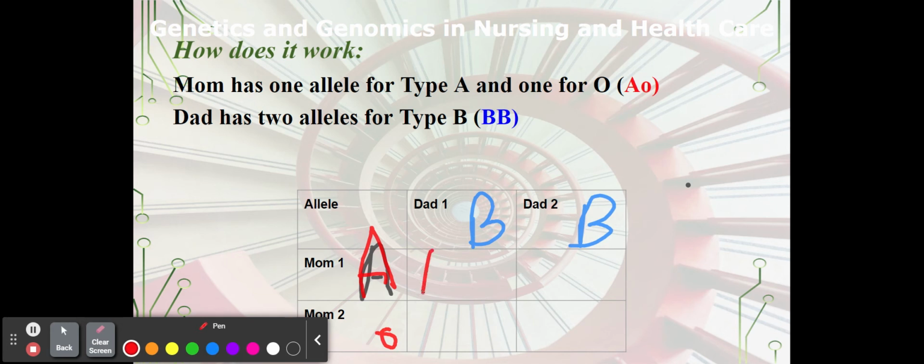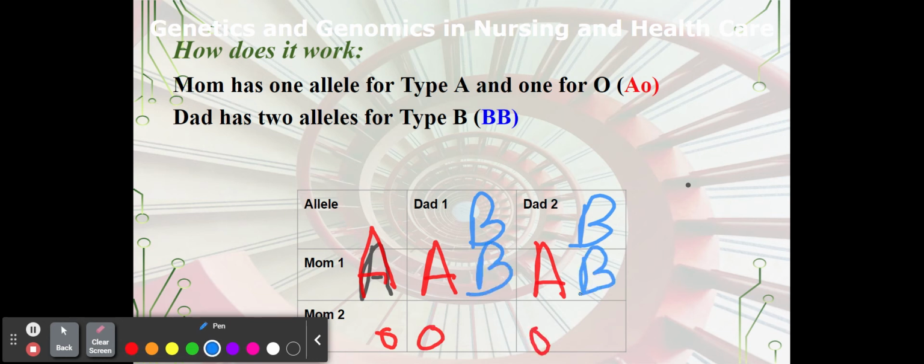So let's go across. Fill out our boxes, and we'll see what we end up with. In this example, you can see a 50% chance of AB blood and a 50% chance of B blood, because the B blood will always express its trait, and the O blood is recessive.